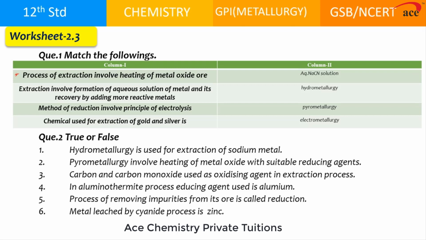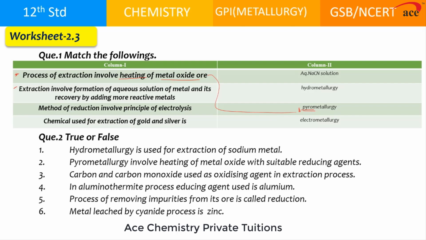For example, the very first one: the process of extraction which involves heating of the metal oxide ore is pyrometallurgy. When you say pyro, it means the process of strong heating.